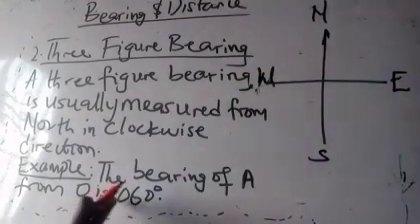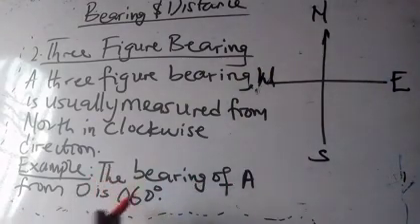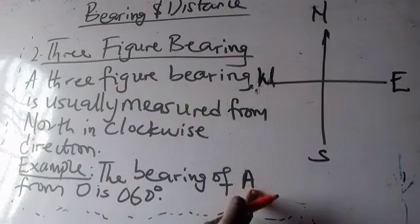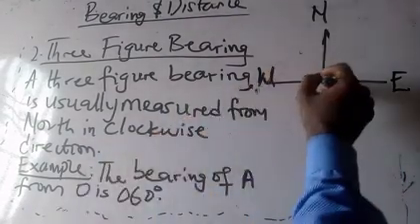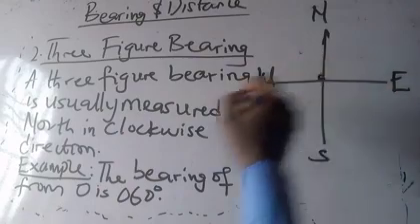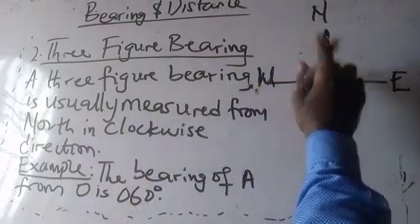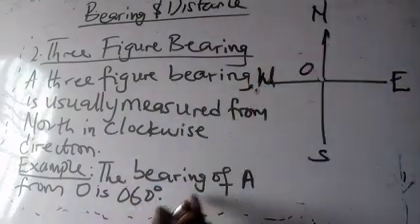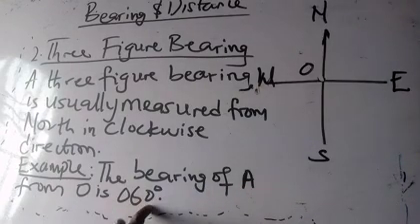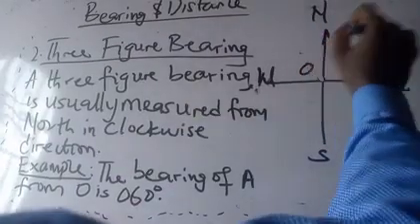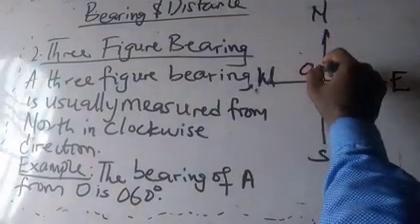So the direction, or bearing, of A from O, this is point O. The bearing of A from O is 60 degrees, and it moves from the North Pole clockwise, like this.